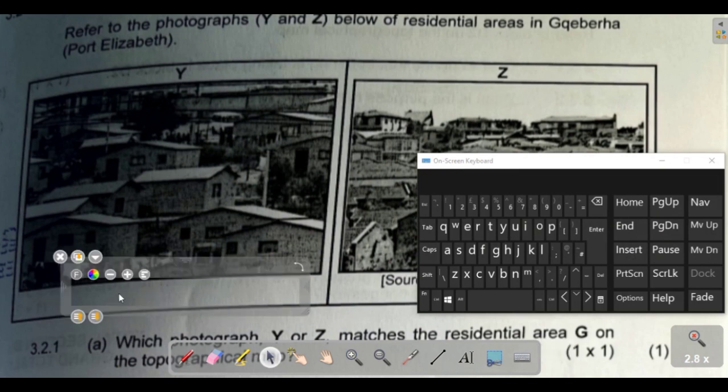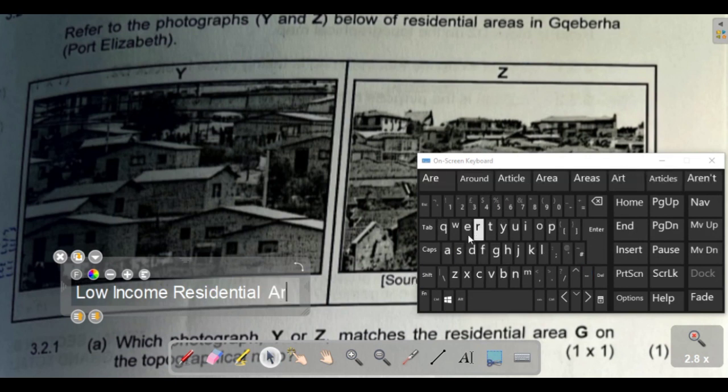These are RDPs, guys. They all look the same. So this is the low income residential area. And of course, the one on the right hand side is your high income residential area.